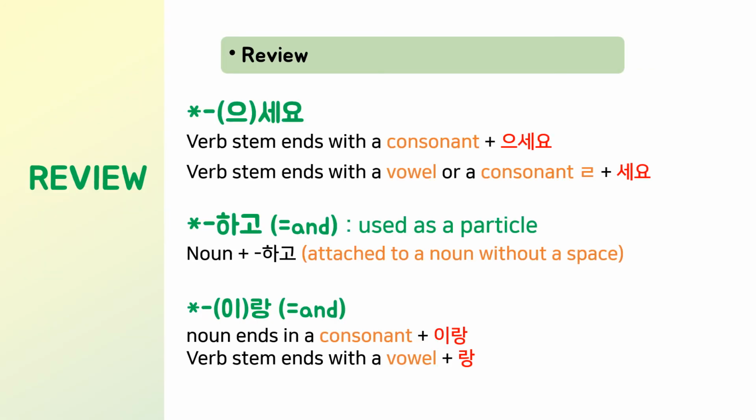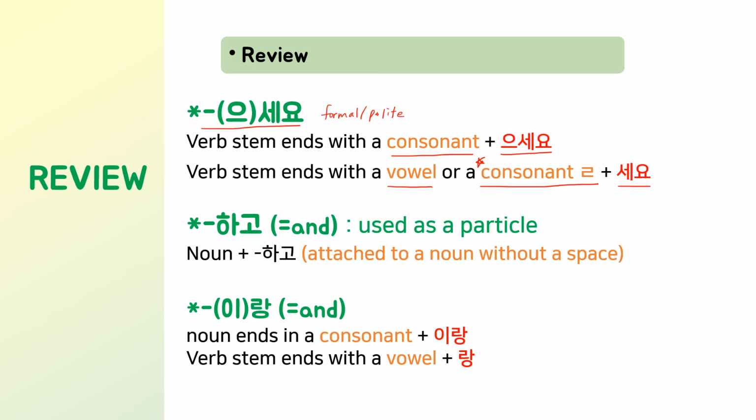All right, so that's all the grammar today. So here, let's review. We learned the 으세요, 세요 polite ending, right? So remember, if the verb stem ends with a consonant, you add 으세요. But if the stem ends with a vowel or the irregular ㄹ consonant, you add 세요.